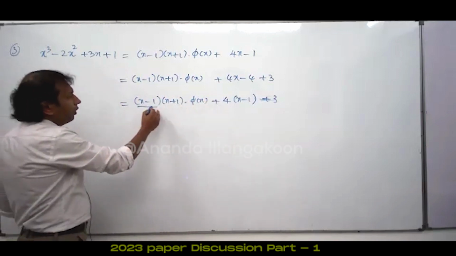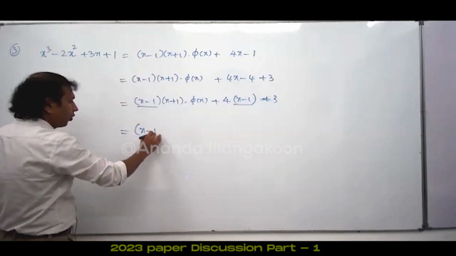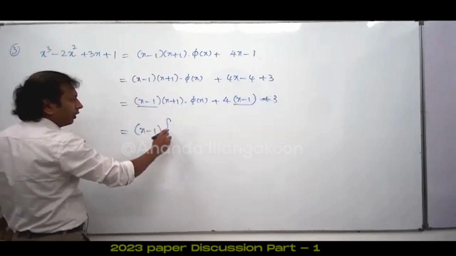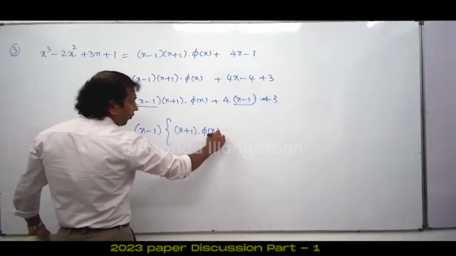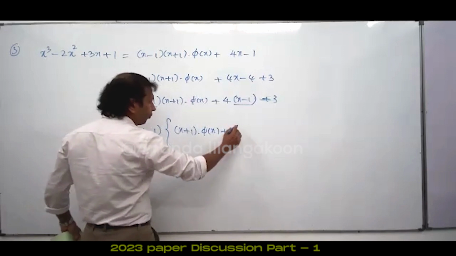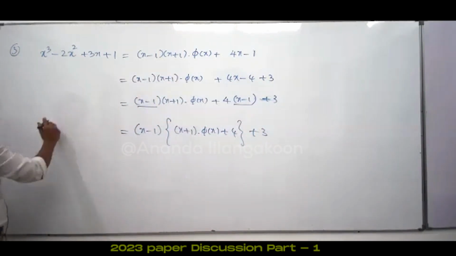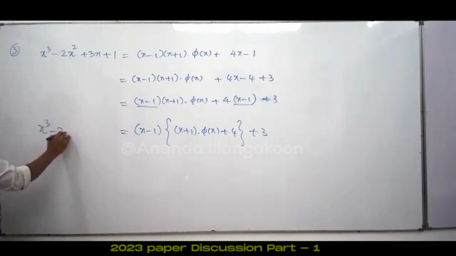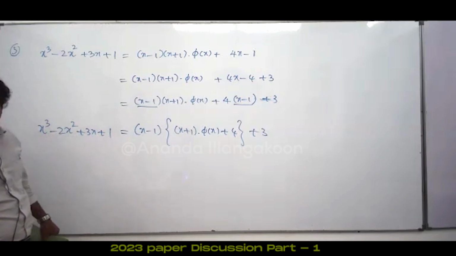Now, this x minus 1 is common, take that out. Take x minus 1 out. Then what do you get there? (x plus 1) g(x) plus 4 in the bracket, plus 3. Left hand side we have f(x). Now what can we say here?